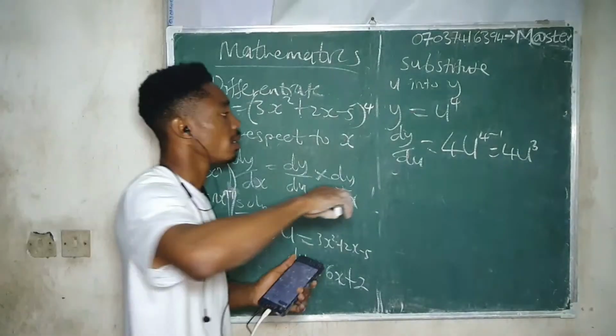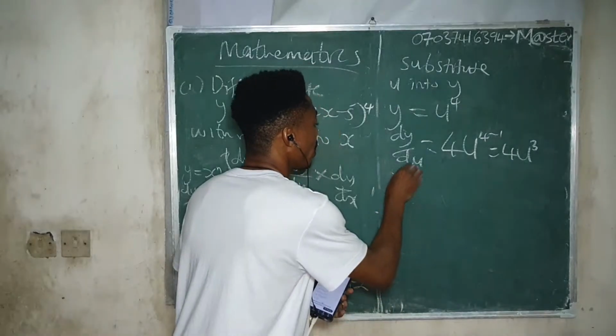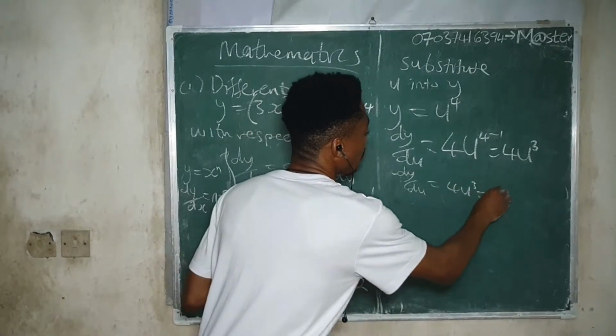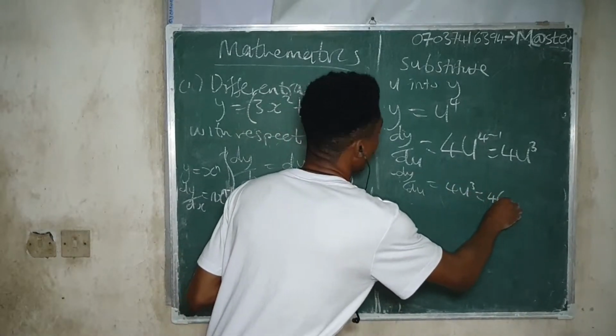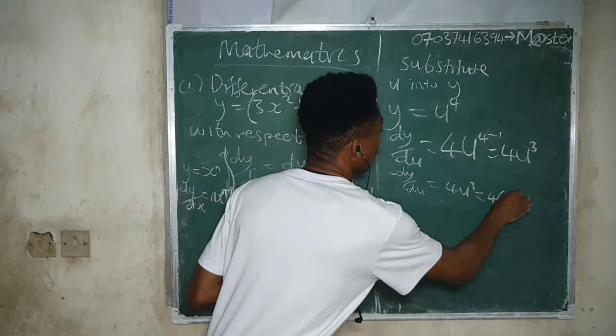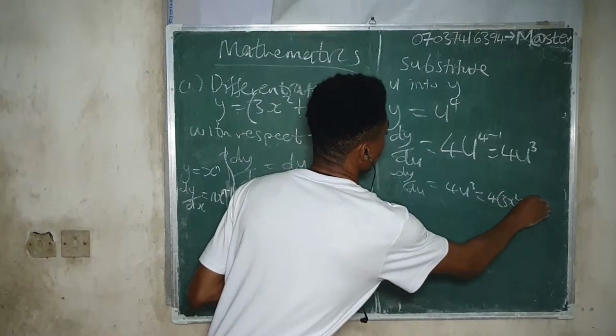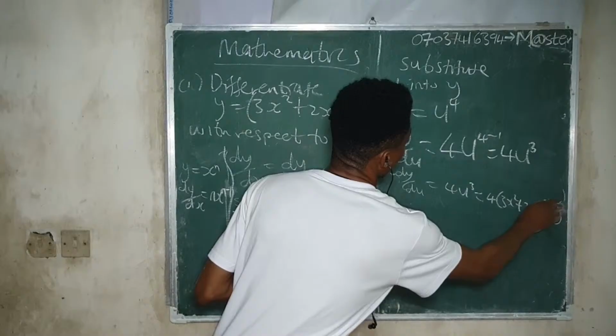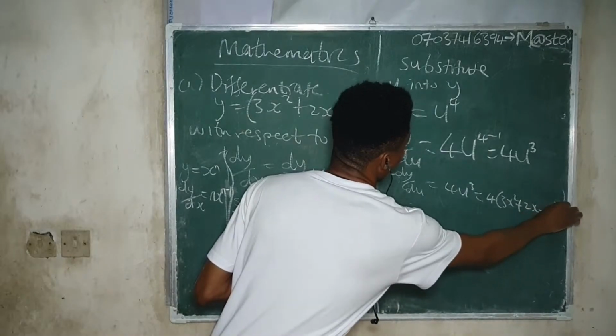That is like saying 4 into 3x squared plus 2x minus 5 raised to power 3.